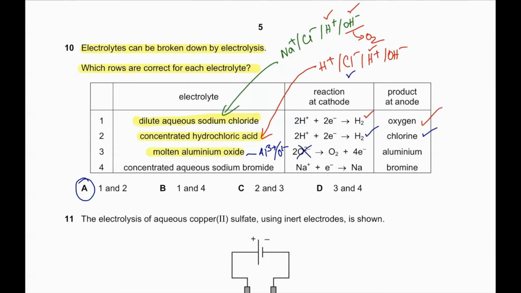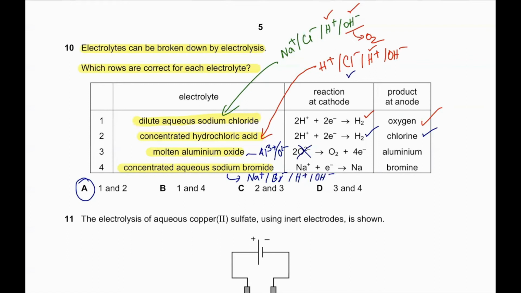Now the next thing is concentrated aqueous sodium bromide. Guys, in this one, aqueous sodium bromide, meaning that there is Na+ ion present, there is Br- ion present, there is H+ ion present, and there is OH- ion present.